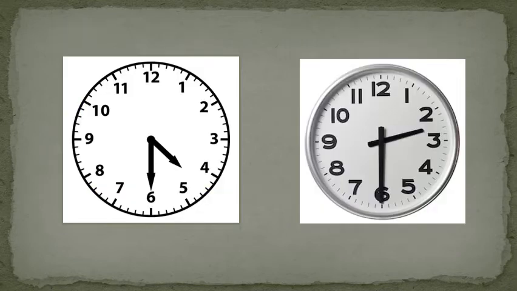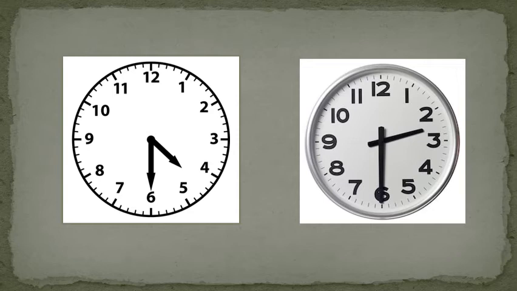Now look at the clocks carefully and tell the time shown. In the first clock, the minute hand has crossed halfway around the clock. It is at 6. The time is half past the hour or it is 30 minutes past the hour. The hour hand is beyond 4.